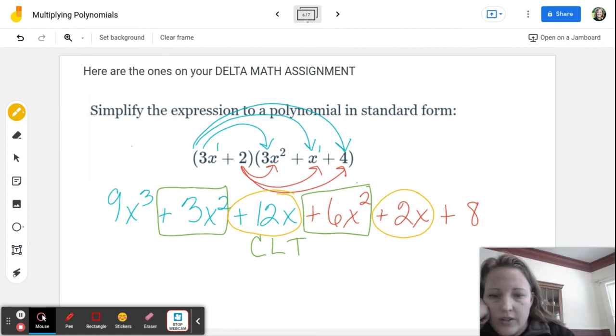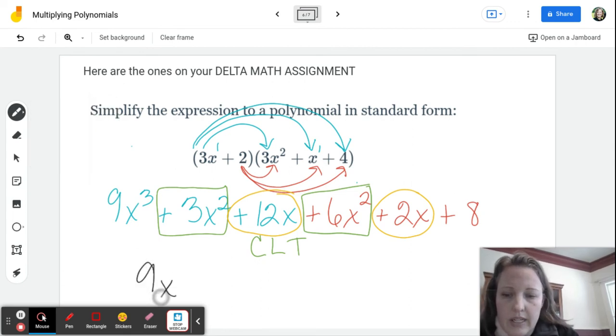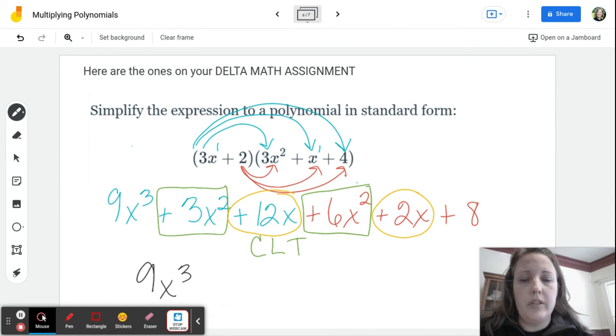Okay, so let's go ahead and start with the terms that don't have any like terms. So we're going to bring down the 9x to the third. And we're going to do this so that we maintain standard form, which is descending order of degree. So that's to the third power. Let's work with the exponent of 2.